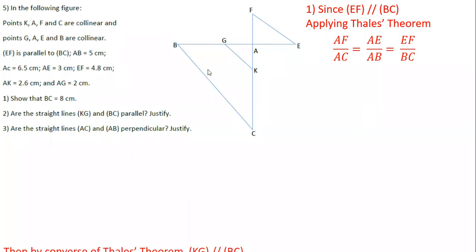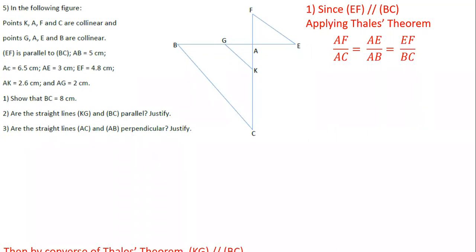Do we have in the question the value of AF, Reem? Are you given AF? No. So it's hard to use the first ratio. Let's look at the second. Do we have the value of AE in the question? Yes. The value of AB, do we have it?